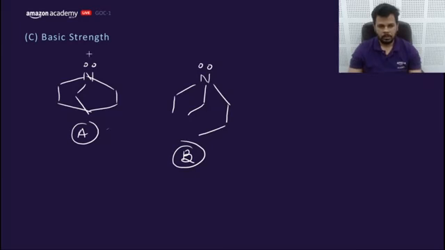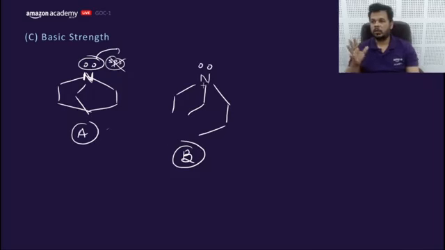So what if it is bridged? It can donate its lone pair. Yes, it can donate because it will be sp3. There is no Bredt's rule here, because Bredt's rule is applicable on the atom of the bridge which is becoming sp2. This is not sp2. This is sp3, this is also sp3. Both are sp3. No one is sp2 here.